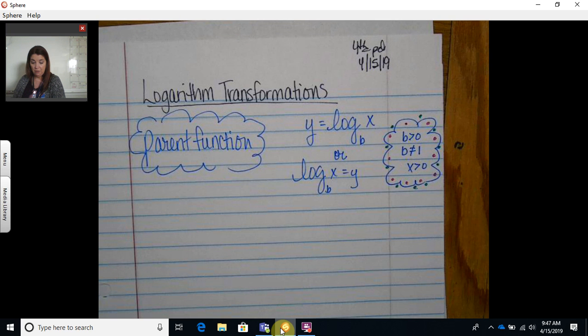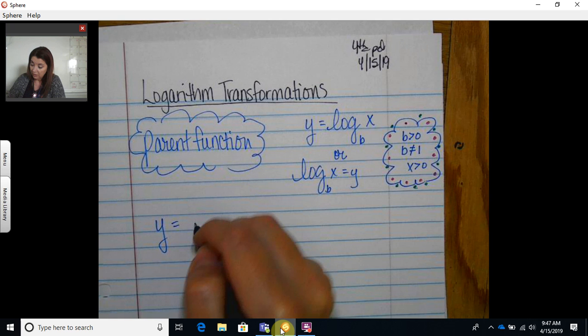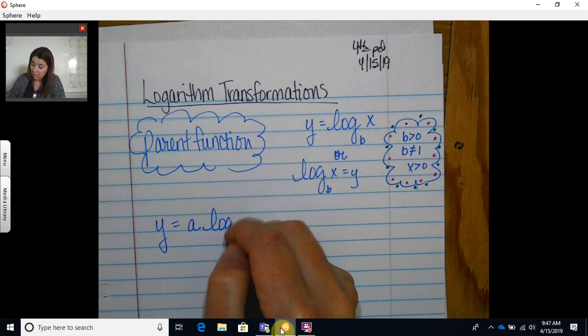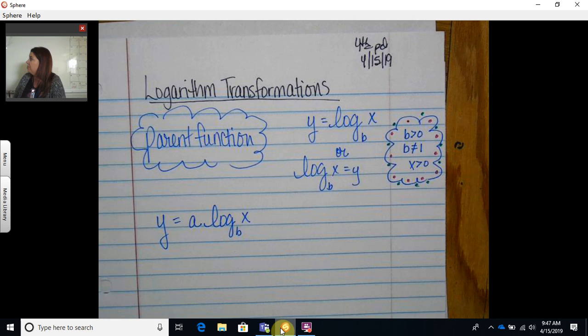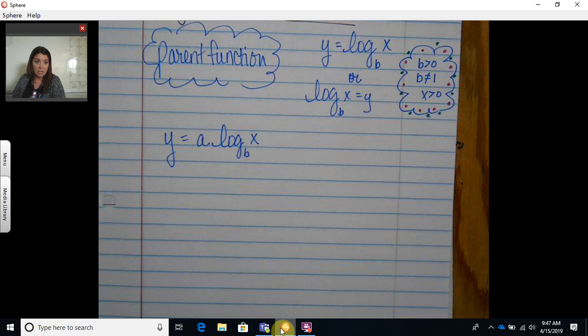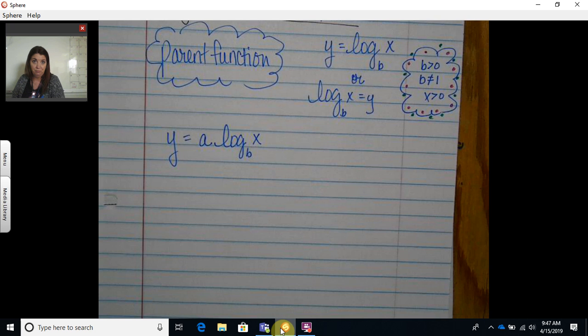Okay, so if we had y equals a log base b of x, that means we have a number that's being multiplied by the logarithm. That number is going to tell us if the logarithm's a stretch, a compression, or a reflection. Or it could be a stretch and a reflection, or a compression and a reflection. Can't be a stretch and compression.